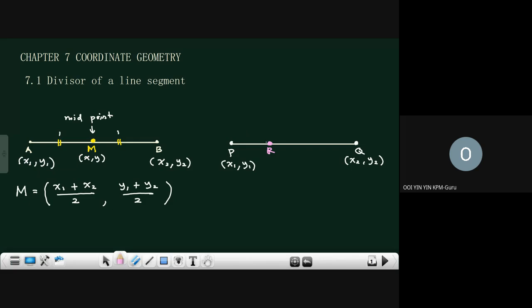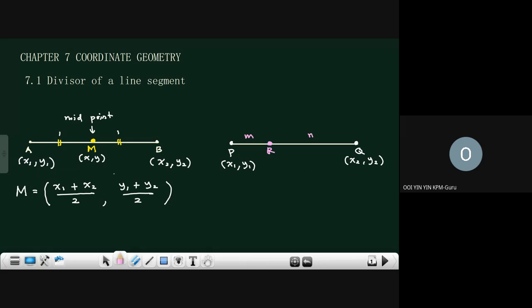The ratio PQ here is M, and then RQ here is N. Okay, with a different ratio. It divides with an unequal ratio. It's not in the middle, it has a ratio.